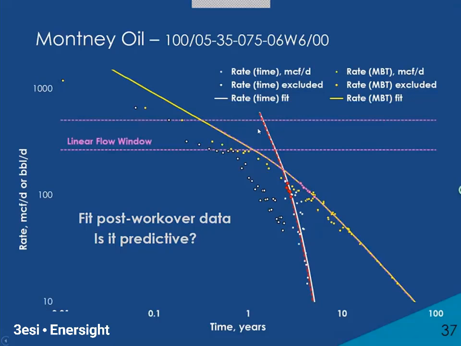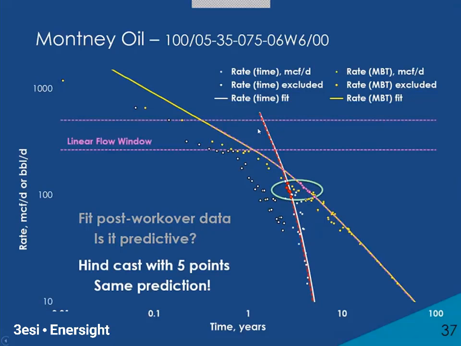And so is it predictive? Well, what I can do is isolate the first 4 or 5 data points and predict using those 4 or 5 data points. And when I do and project it forward, I am predicting the data fairly well. So those are the choices you have.